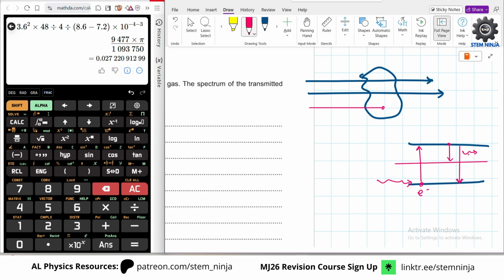The problem with this is that the released photon will be in random directions. So the intensities received at the screen will have a lower intensity recorded, and the lowest intensity recorded for the ones corresponding to the ones that were absorbed. So that is why they will appear as dark lines on the continuous spectrum.